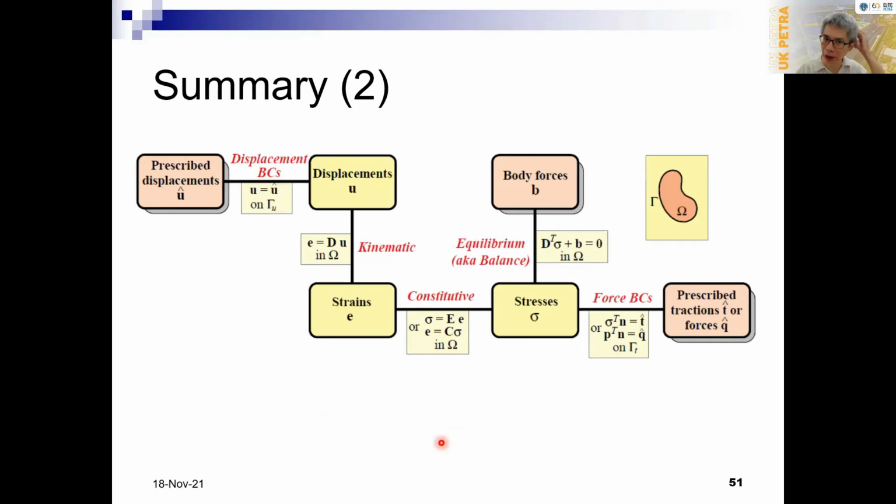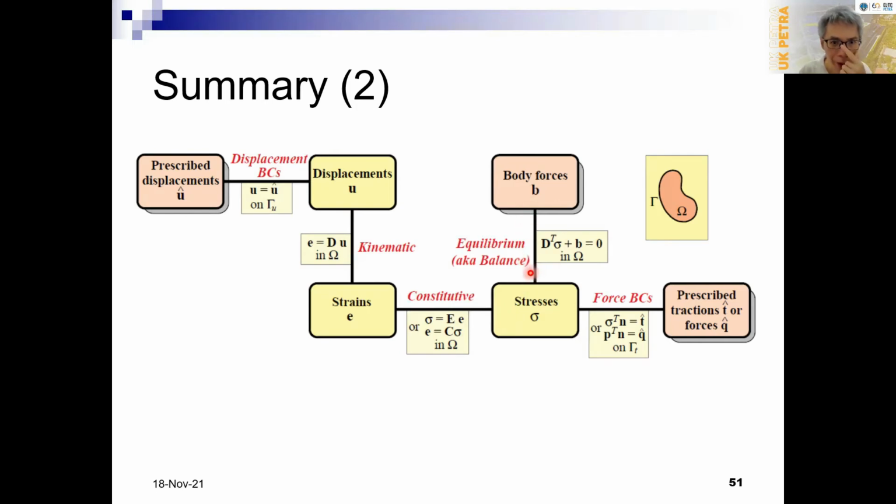So this is another summary, but in the form of a picture. We call this a Tonti diagram. This is taken from Professor Carlos Felippa's website. The yellow ones are the internal variables, the unknown variables: displacement, strain, stress, related by kinematic equations, constitutive equations, and equilibrium or balance equations.